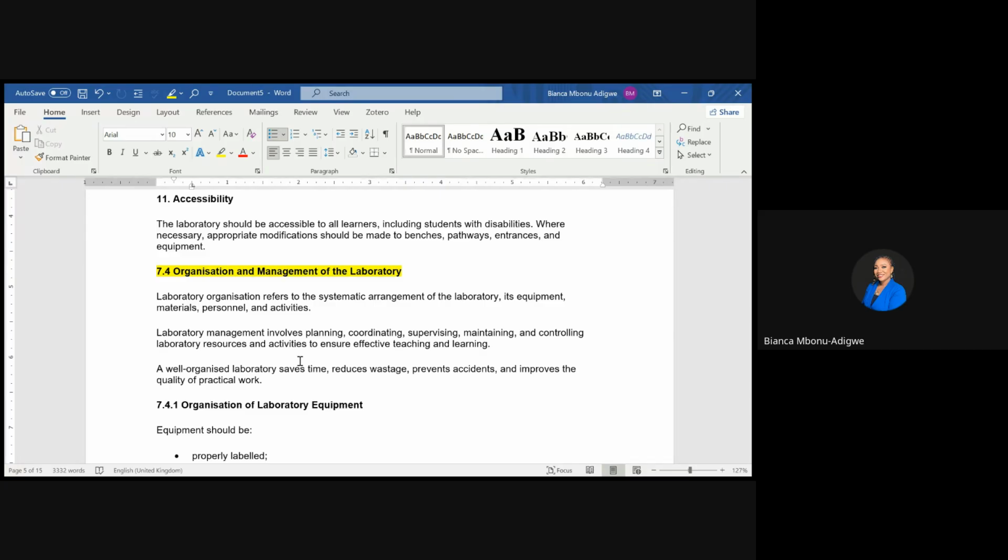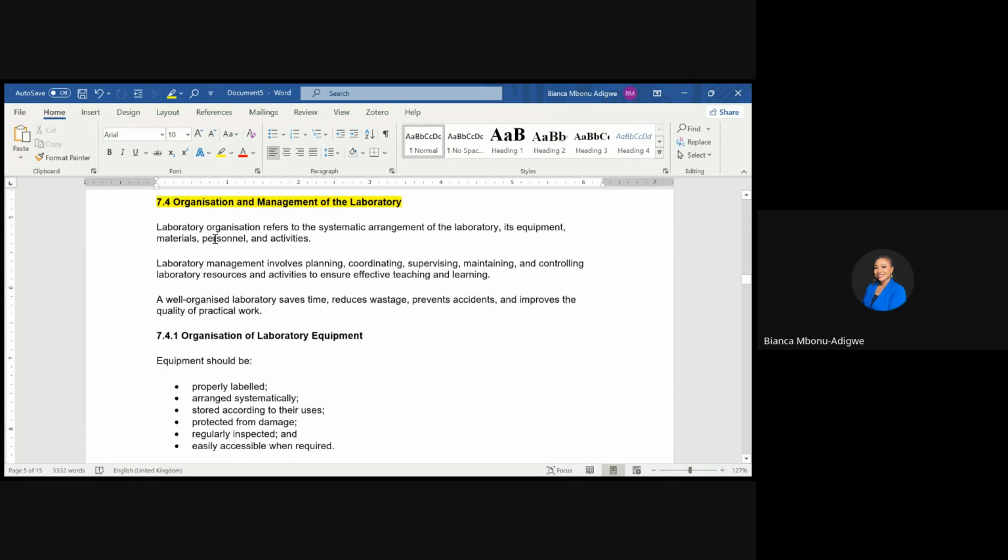If you have people that are visually impaired and for some reason they are in your classroom, you should find a way to make it okay to a large extent for them. So sometimes we modify benches, pathways, staircases, entrances, even equipment, just to accommodate everybody involved.